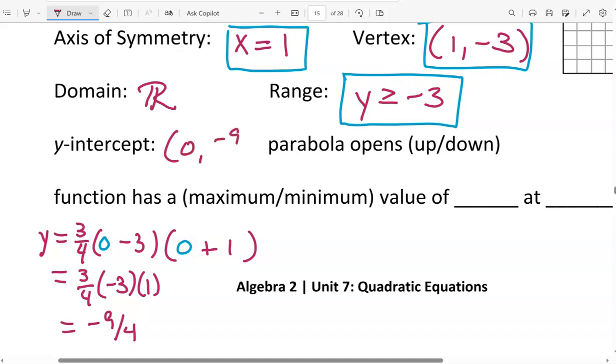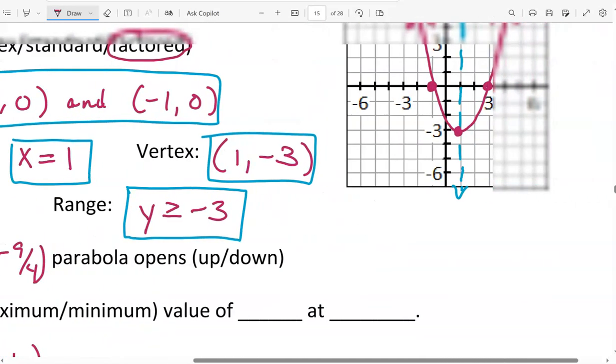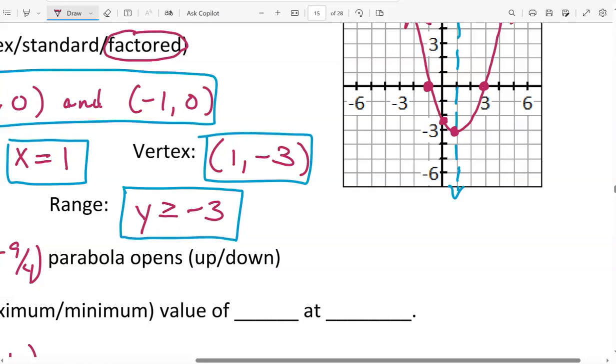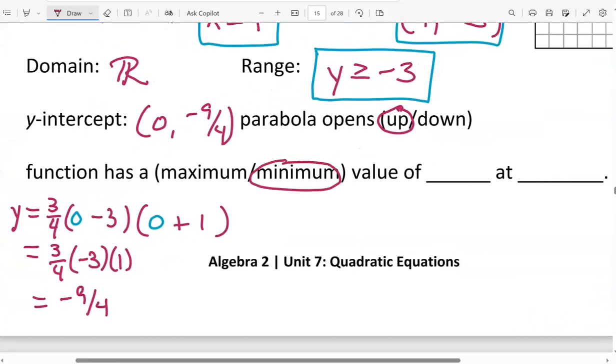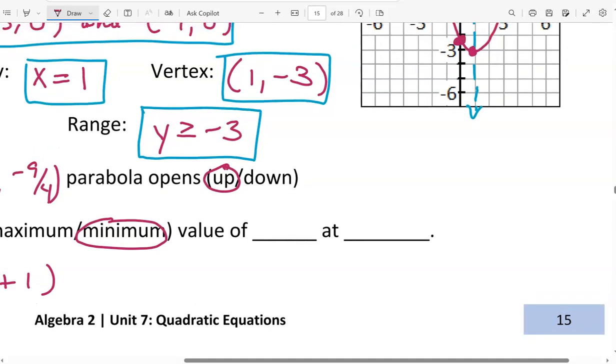So if we plot that one, the y-intercept should be at -2 1/4, which we actually almost kind of got in the original sketch. The parabola does open upward, we can see that, and it has a minimum value at the vertex, and the minimum value is -3 that occurs at x equals 1.